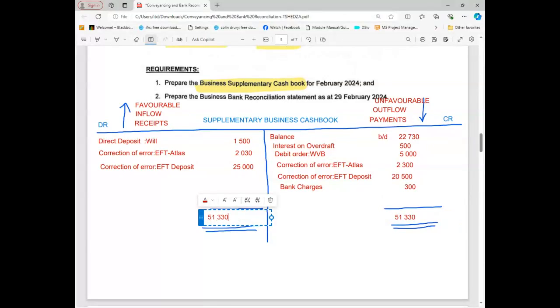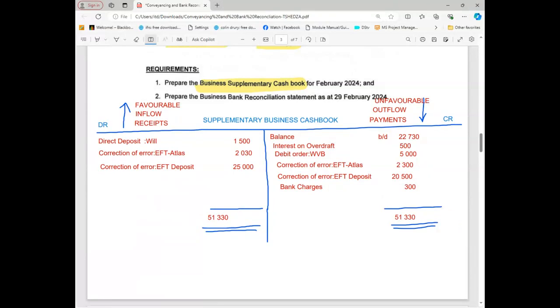Okay, I want the difference. Remember, I need the difference now. Just take that amount and minus it from this 51,330, minus 25,000. It's 22,800.